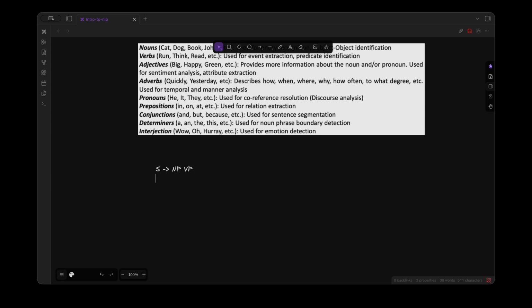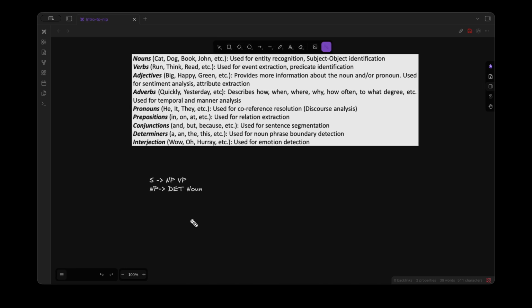What will the next grammar rule be? If we derive the NP, it will produce a determiner and a noun.